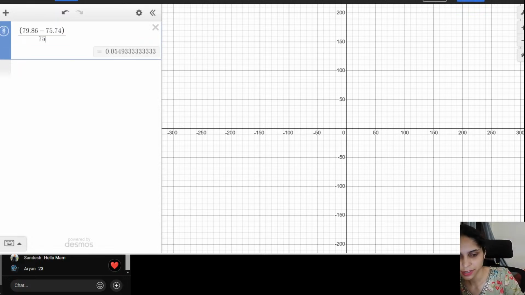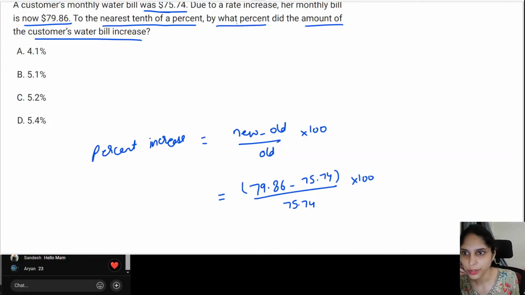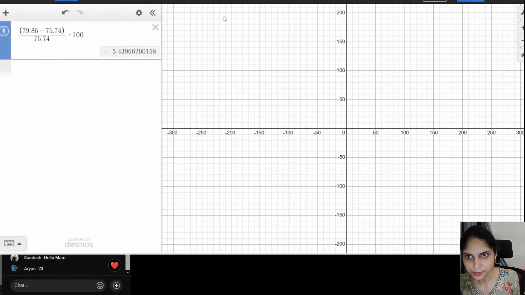Divided by 75.74. And we are multiplying with 100. It's 5.4 something, but still multiply with 100. 5.44. So nearest tenth of percent, 5.4 is the closest. Got it?